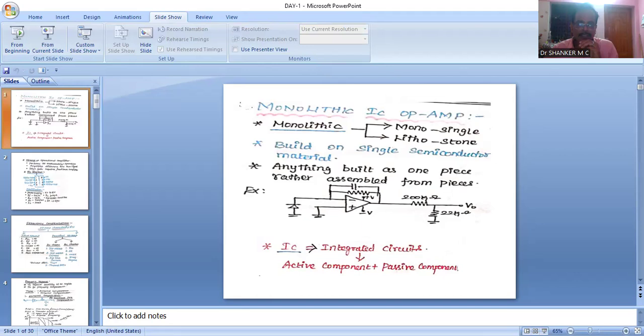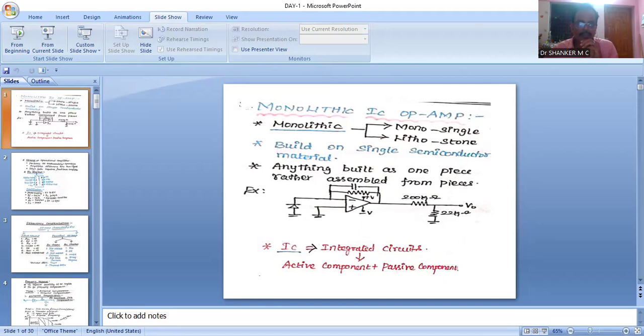Active means it provides power, that is, power is generated by itself. Passive means the power is absorbed by the component, for example resistor and capacitor. These are called passive components because they absorb energy.